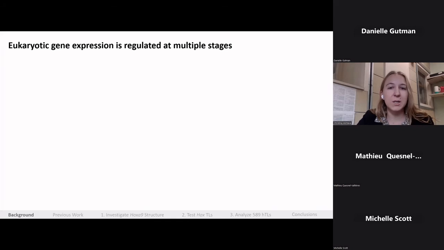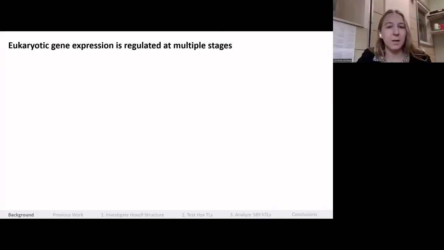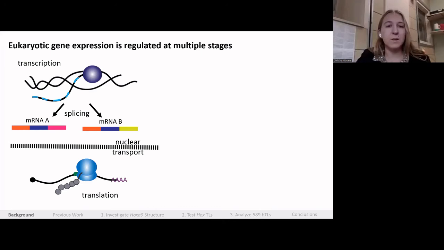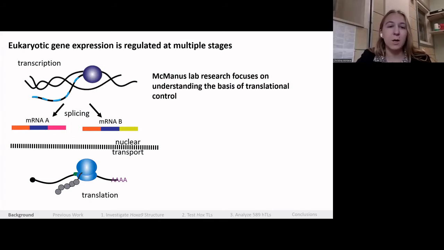So gene expression is controlled by a wide range of mechanisms. We have transcriptional control, alternative splicing, nuclear export, and translation. While all of these levels of control are very important for gene expression, our lab focuses on translational control.